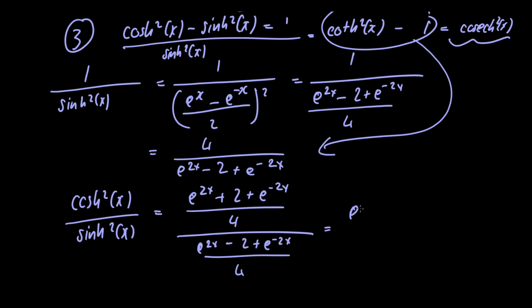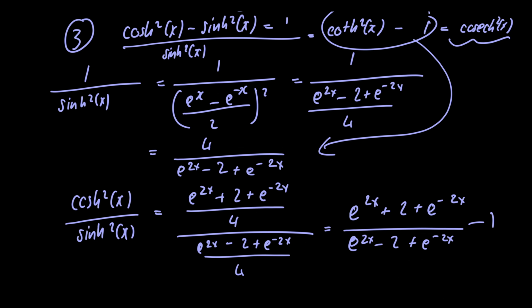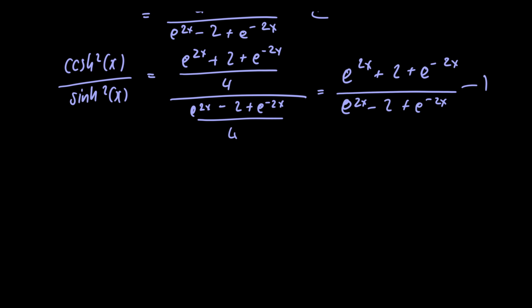And this simplifies to (e^(2x) + 2 + e^(-2x)) divided by (e^(2x) - 2 + e^(-2x)). And we're going to be subtracting 1 from this. So let's go ahead and cross multiply.